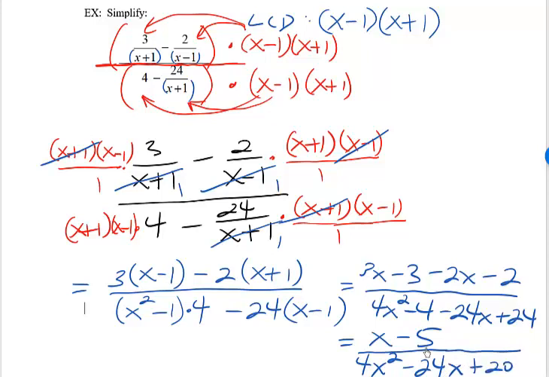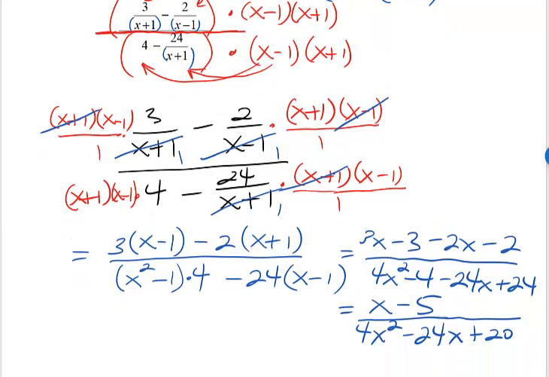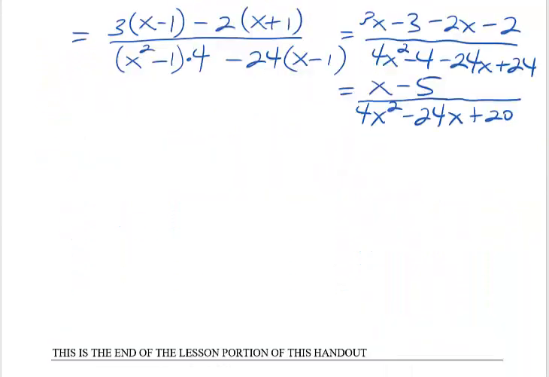Am I finished? Well, maybe, maybe not. I don't know if I'm finished until I check to see if I can do some reducing. I can't do any reducing until I'm looking at factors. So let's go ahead and factor the top and the bottom. I don't believe the top factors. The bottom, I believe there's a GCF of 4, so let's pull that out.